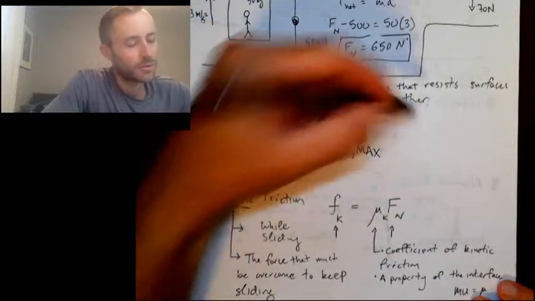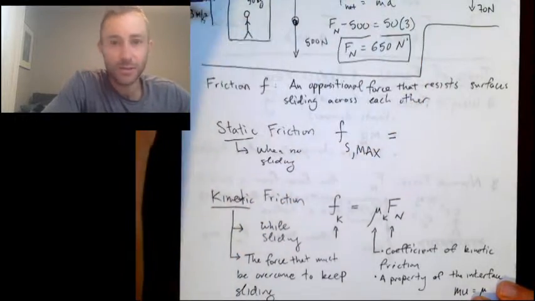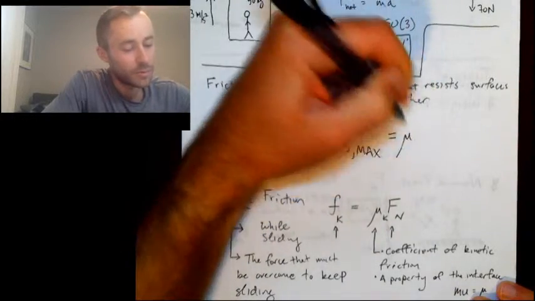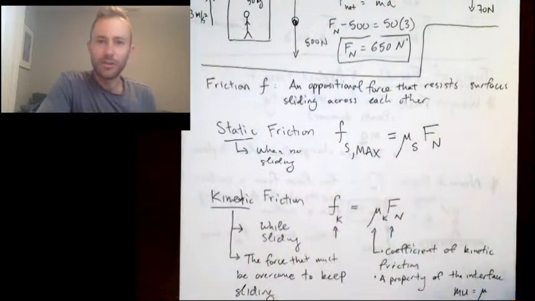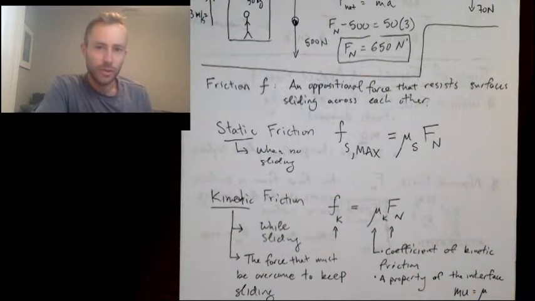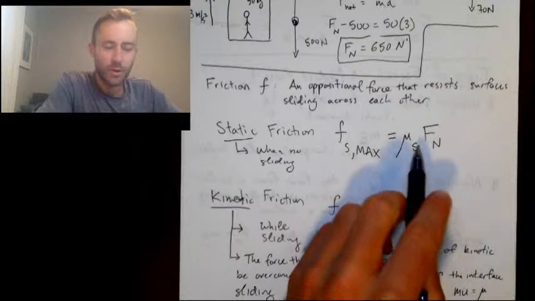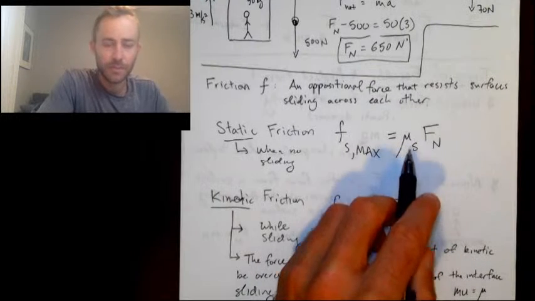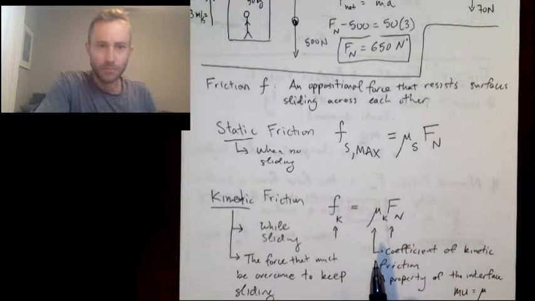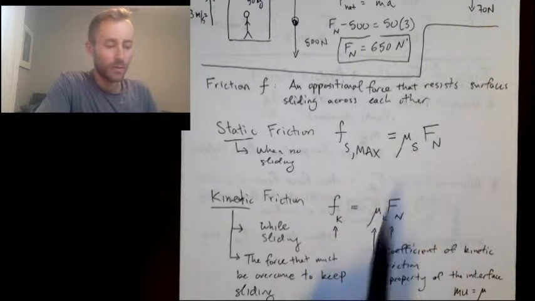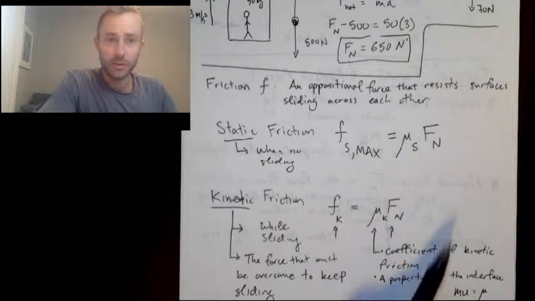The maximum static friction, it's exactly the same formula. Mu sub S times normal. So there is a different coefficient of friction. This is called the coefficient of static friction. It's the same formula, but a different coefficient. And these really are different numbers.